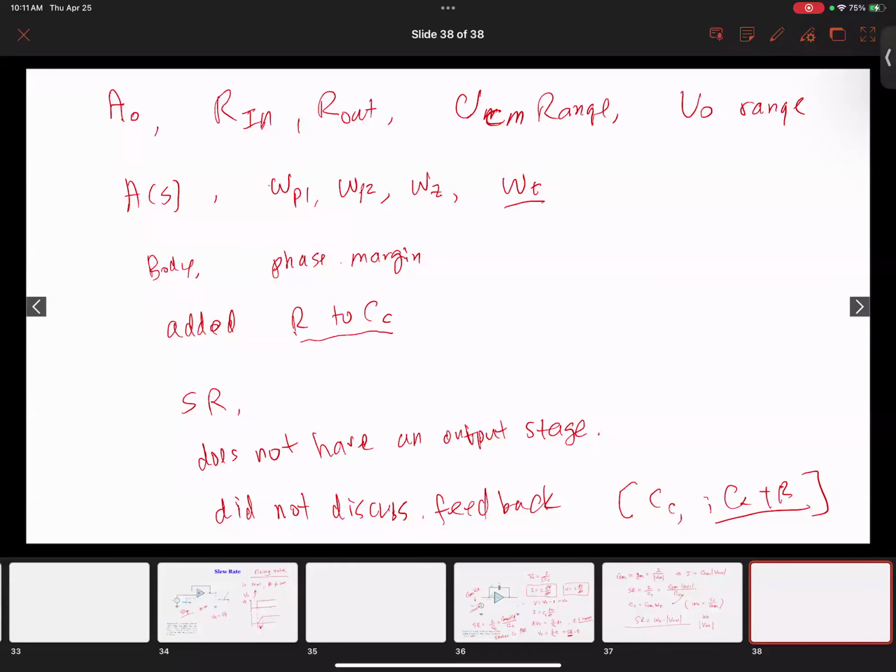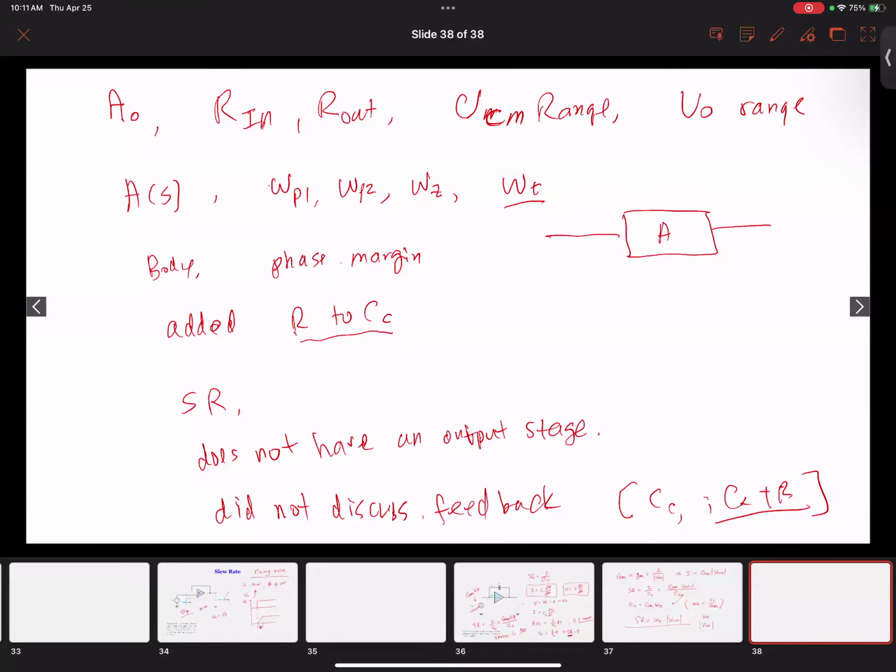Remember, eventually this circuit becomes very simple, a two-stage circuit with CC or CC plus R in between the output of stage 1 and the output of stage 2, right? But ultimately, this circuit eventually will become just a gain like this, and you have an input.